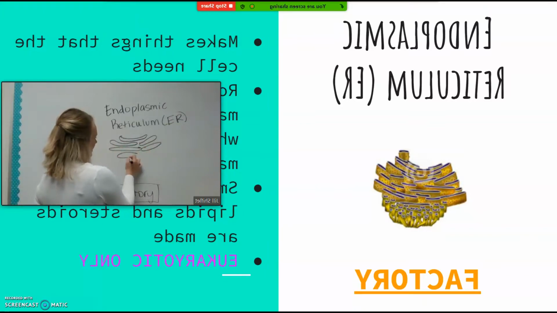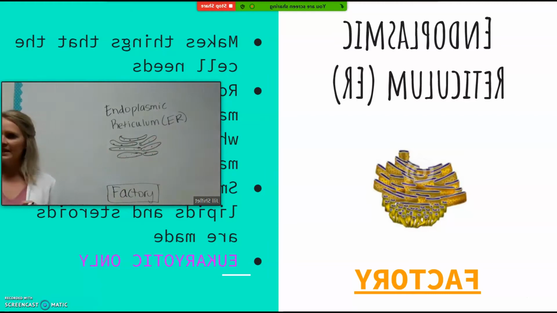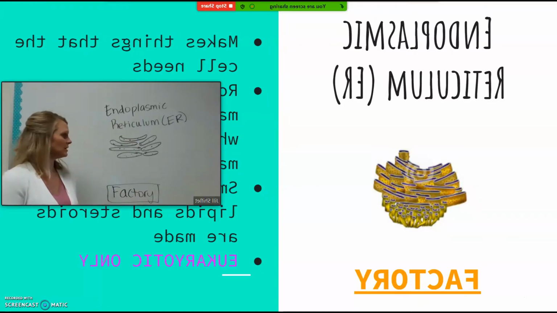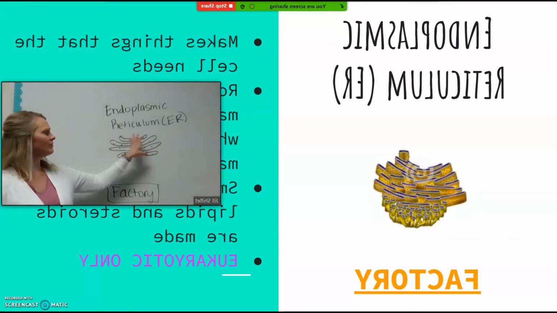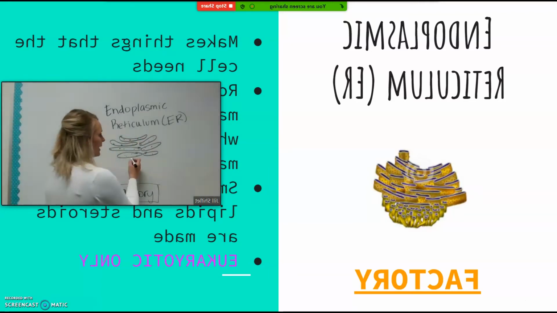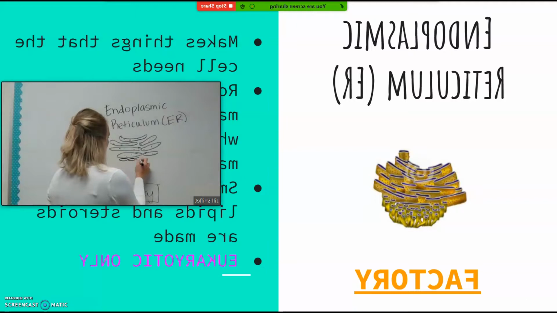The top part of it is called the rough ER. It's called the rough ER because it has all these bumps on it. It looks rough, almost like sandpaper. All those bumps are ribosomes. We know that ribosomes make protein. So the whole top half of the ER is the rough ER, and it makes protein. The bottom half is nice and smooth. There's no bumps on it.